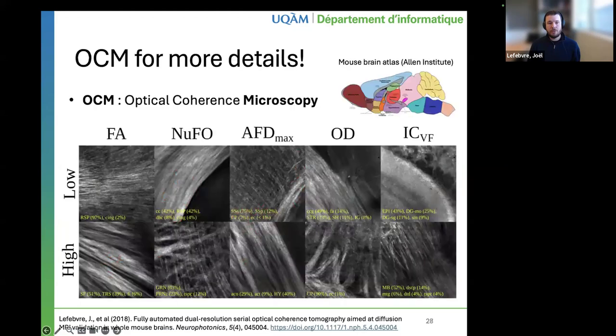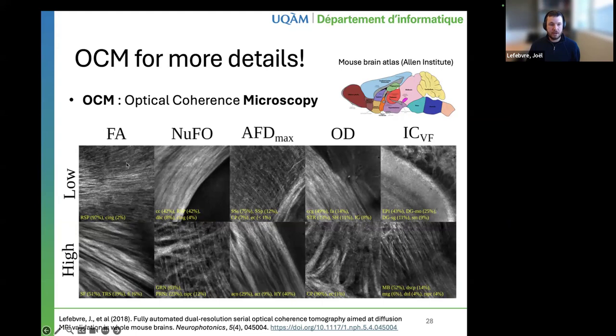Using that template, we were also able to map really high resolution images that were registered to our serial OCT data, and we registered that to diffusion MRI data that we performed in the same brain. Then by comparing different metrics we can infer from the diffusion signal, we saw that we had a good qualitative correspondence between, for example, FA and the structure we saw at high resolution in the brain.